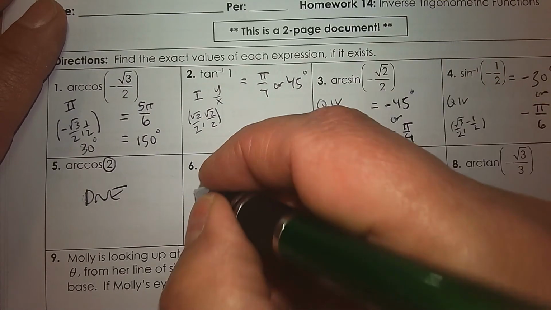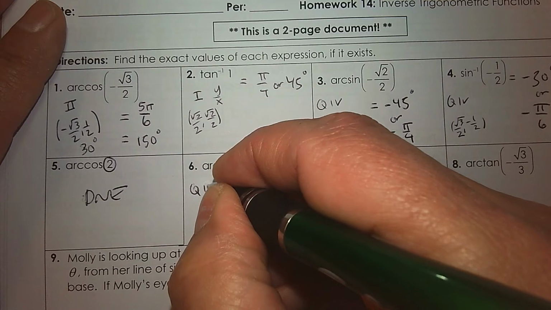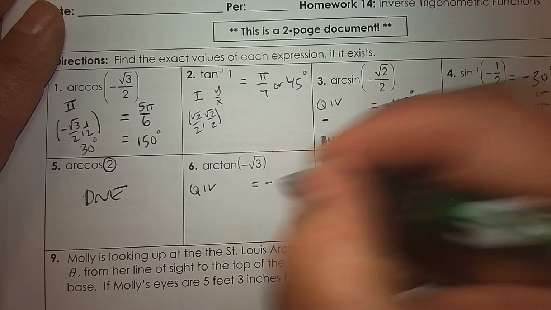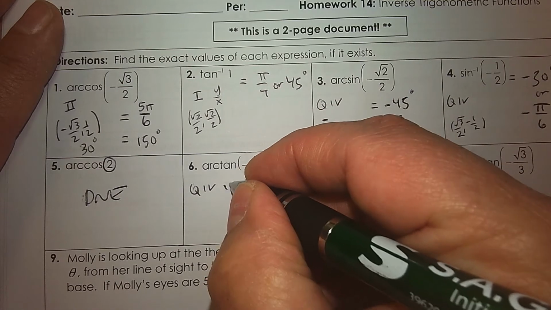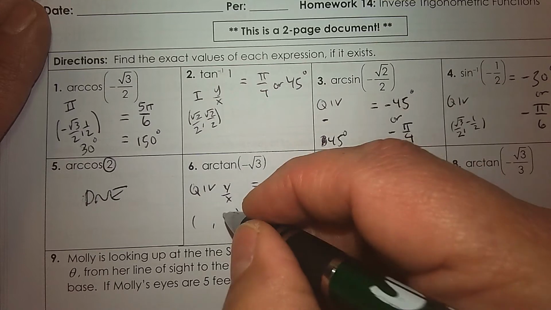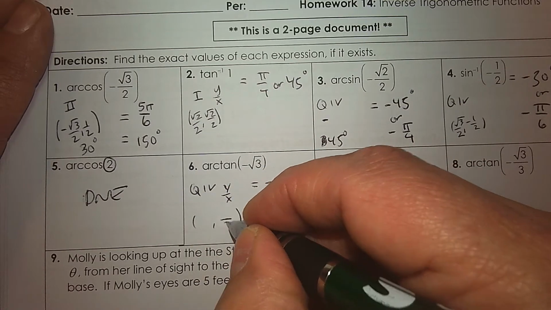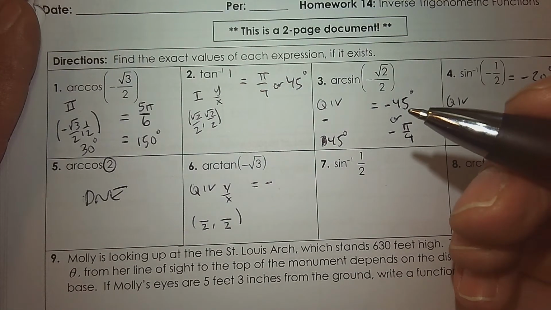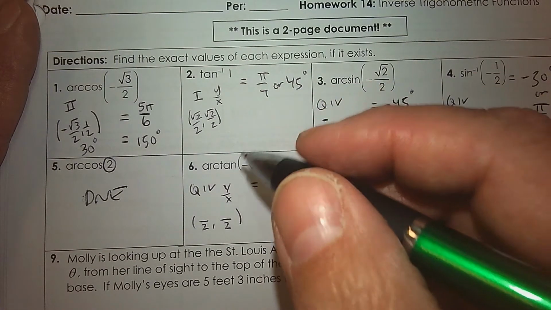I know we're in quadrant 4. I know I'm going to write it as a negative angle. So now what's the definition? It's y divided by x. So which point when I divide y divided by x will give me what I need? I know it's going to be over 2 because they're all over 2. And the question is, is it √2 and √2?